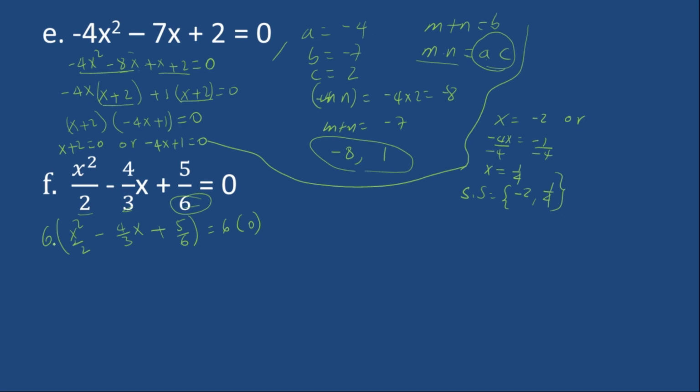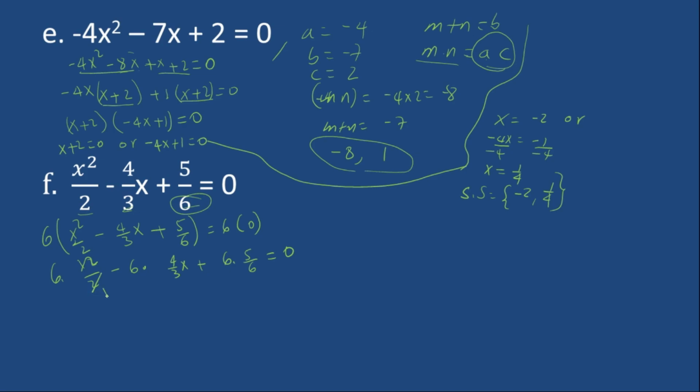So let's multiply individually. 6 times x squared over 2 gives 3x squared, minus 6 times 4 over 3 x gives 8x, plus 6 times 5 over 6 gives 5, is equal to 6 times 0, which is 0 itself.